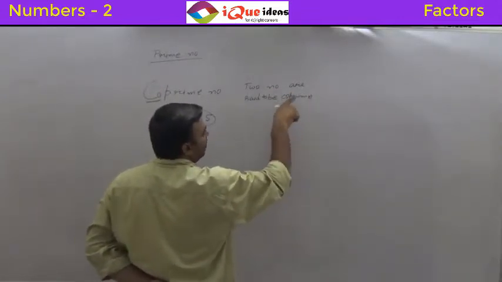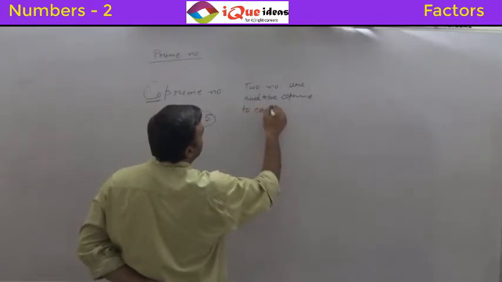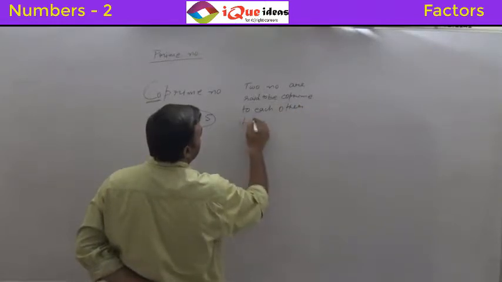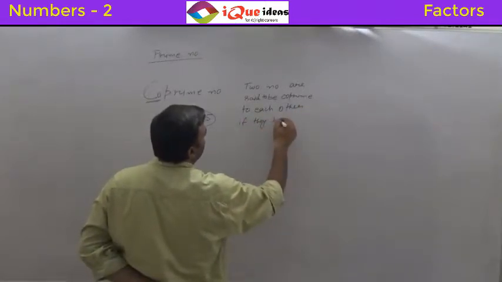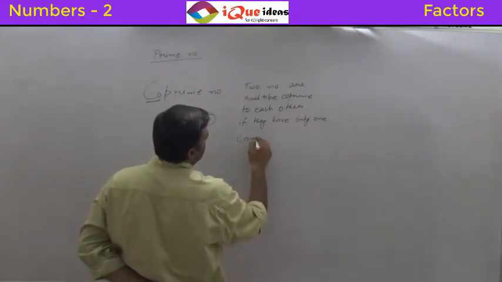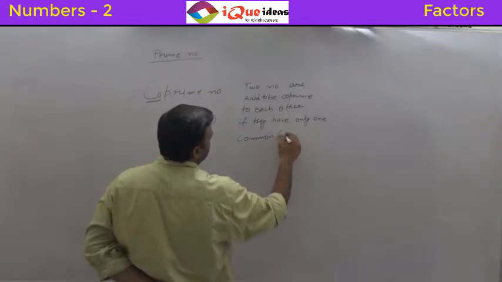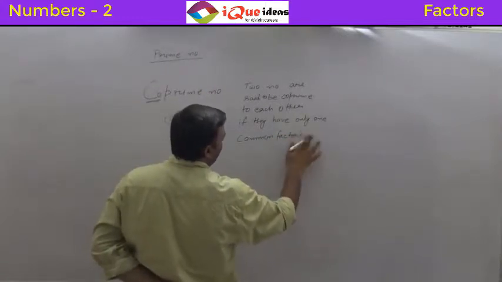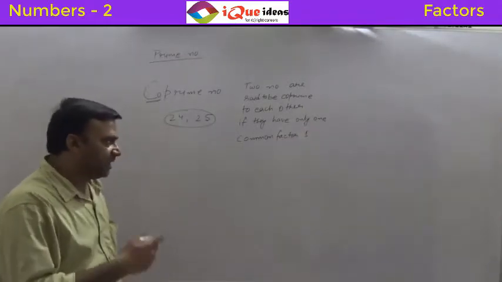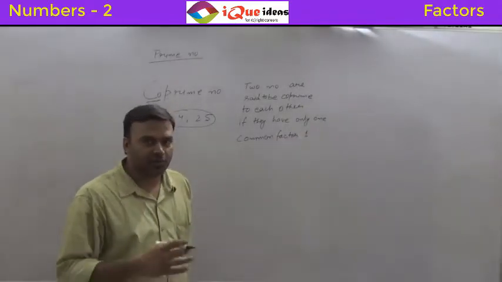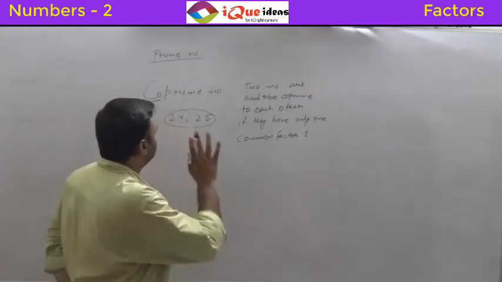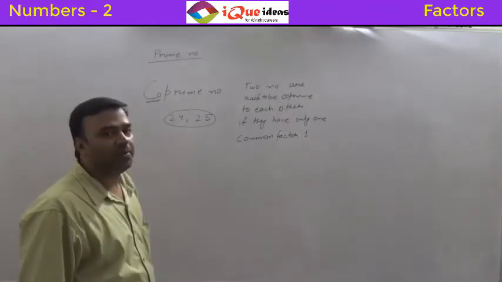It always has to be co-prime to each other, if they have only one common factor. And the common factor obviously has to be 1. See, and that 1 will automatically be a common factor, right? So you don't have to think anything else. If other than 1, even if there is one common factor, then they are not co-prime to each other.